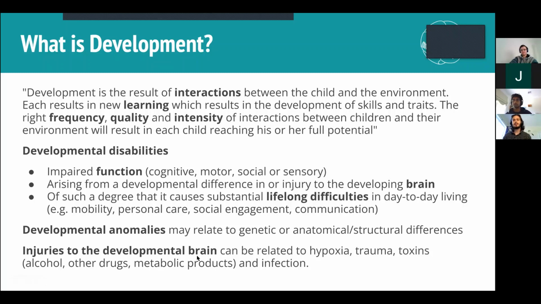Injuries to the developmental brain can be related to things like hypoxia, so not enough oxygen getting to the brain during development, trauma, toxins, so alcohol, other drugs, metabolic products, and infection as well. So there's lots of ways that the developmental brain can be injured, and I suppose developmental anomalies and injuries to the developmental brain can comprise the causes potentially of developmental disabilities.